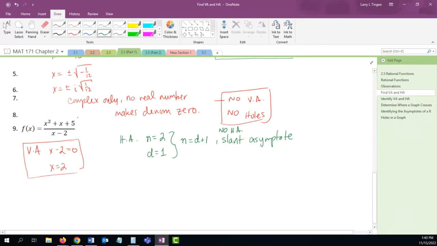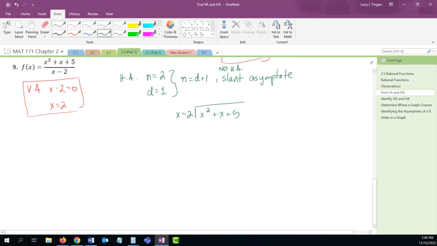I just do the math that's being asked of me. I do it with either long division or synthetic. In this case, I can do this with synthetic because I'm dividing by a linear factor with a coefficient of 1.